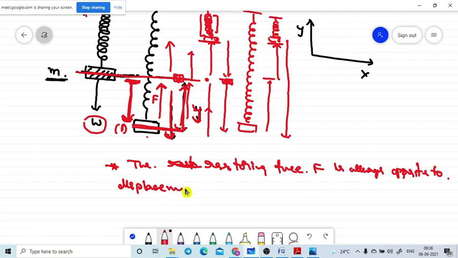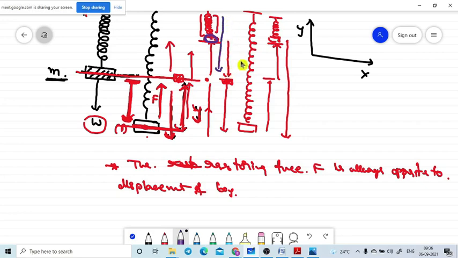That means, please look at this condition. This is the first case. The body is here, but the restoring force is acting in the upward direction. Let me take another position of the body. The body is here, but how is the restoring force acting? It is a push back. It is pushing like this.